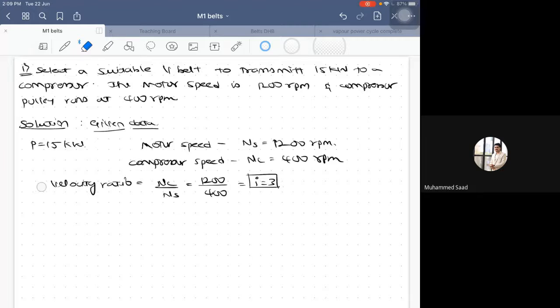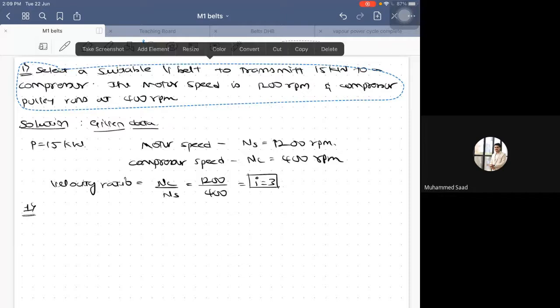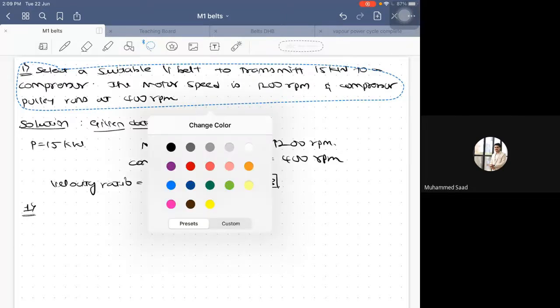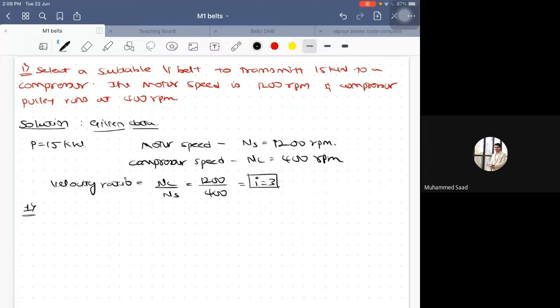So what is the first step in the solution? First step in the design procedure. What is the first step? Please look into the design procedure and let me know.